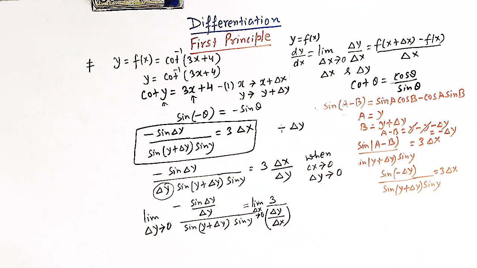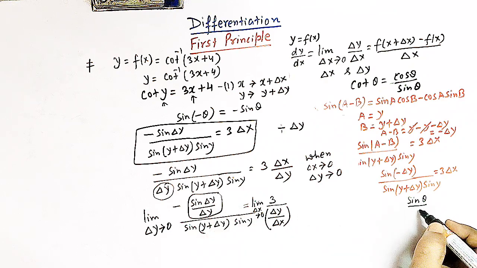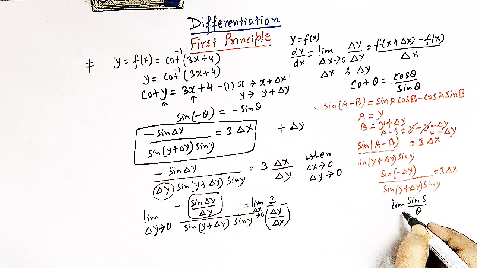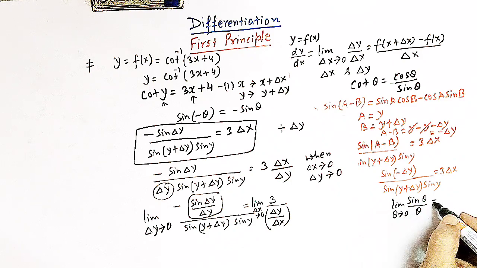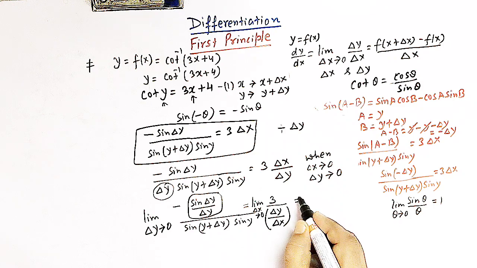Okay, so now this limit is equal to 1 because sine theta over theta, limit theta tends to 0, is equal to 1. So this limit is equal to 1.